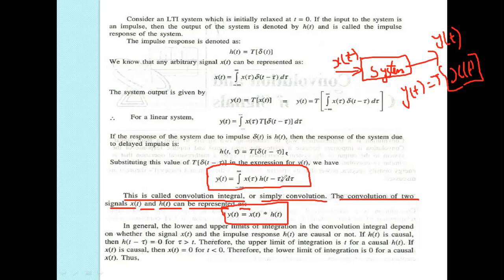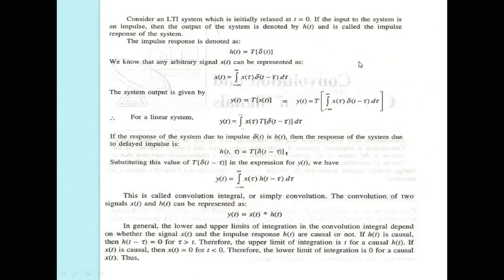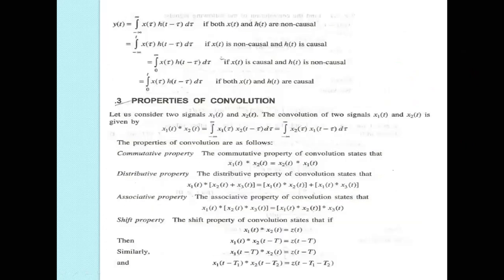So x of tau h of t minus tau d tau with the integral from minus infinity to infinity gives y of t, the convolution for a continuous time system, because all are functions of t. Following, my dear friends. See, y of t is equal to the integral from minus infinity to infinity of x of tau h of t minus tau d tau.